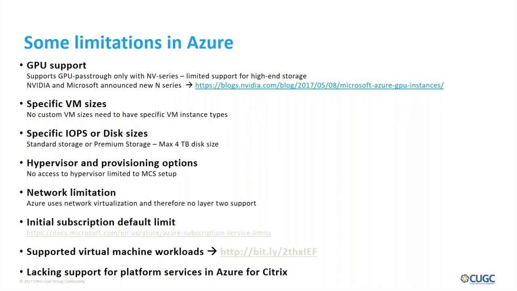But this is basically a safeguard mechanism, so a customer doesn't go crazy and set up hundreds of thousands of virtual machines. There's also a documented list from Microsoft in terms of what's actually supported running Microsoft workloads inside of Azure. So this is fairly up to date and documented.